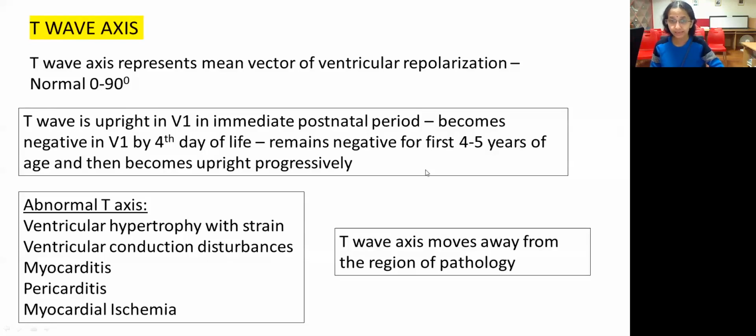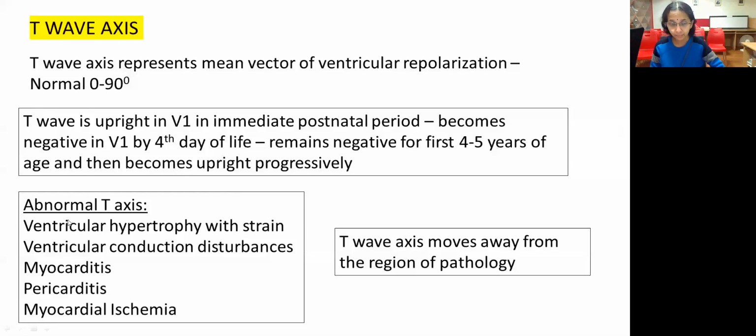So presence of a negative T wave in V1 in the majority of the childhood period does not indicate an abnormal T wave axis. Also remember that when you have a problem in the repolarization, then the T wave axis is going to move away from the region of pathology. For example, if I have a problem in the apical part of the ventricular myocardium, then my T wave axis is going to move away from the apex.